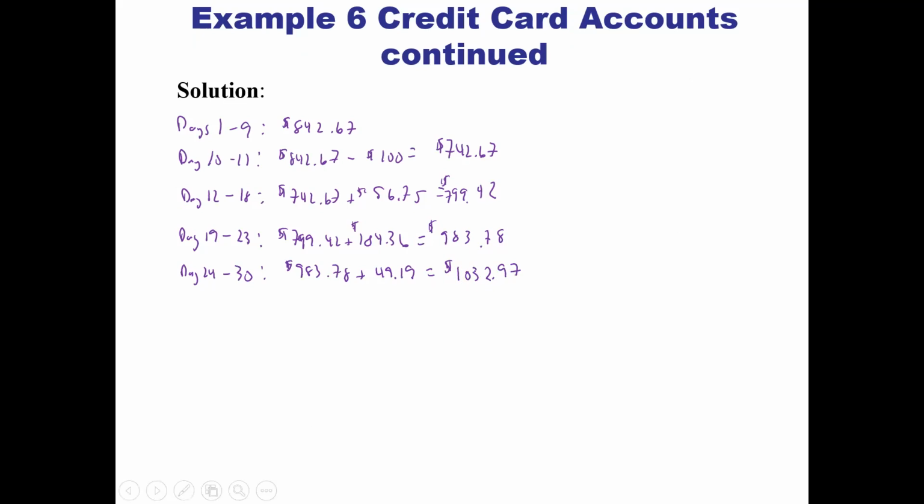So now the average daily balance is found using the sum of the 30 daily balances, then dividing by 30. Okay, so here we have 9 days.